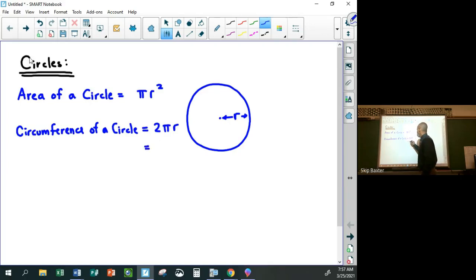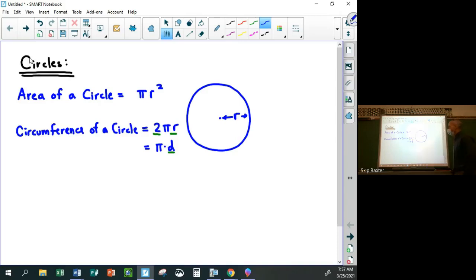Or equivalently, pi times diameter, right? Because 2r is the same thing as diameter. We have here 2r, which is equal to d. So sometimes they write it as 2 pi r, sometimes they write it as pi times diameter. It's the same formula.